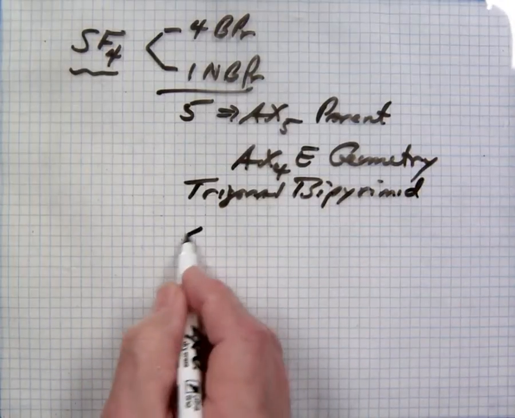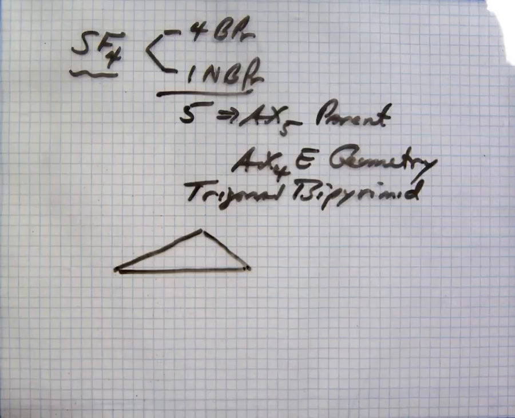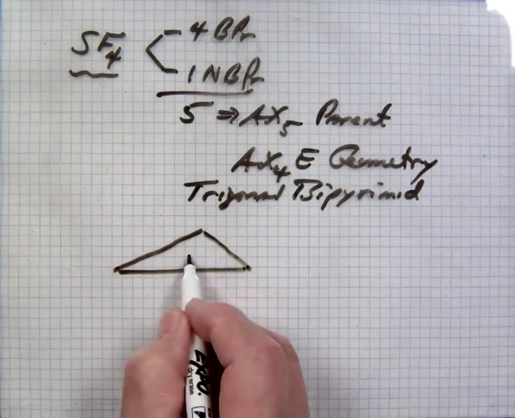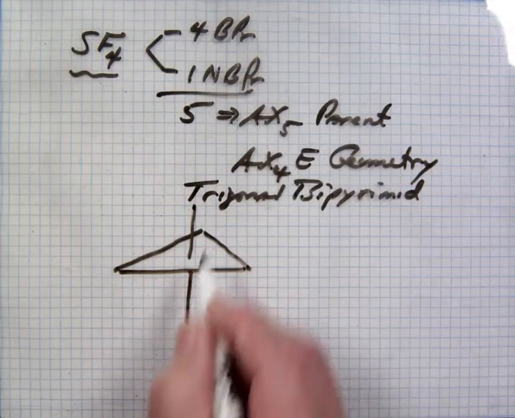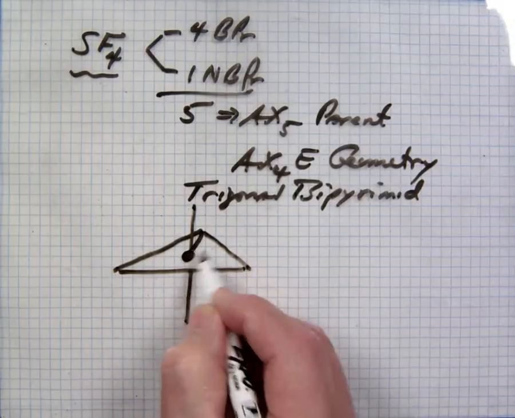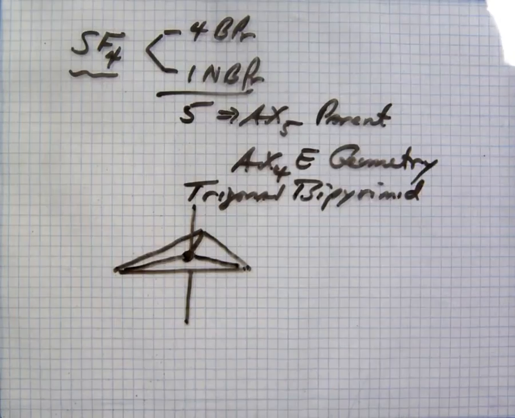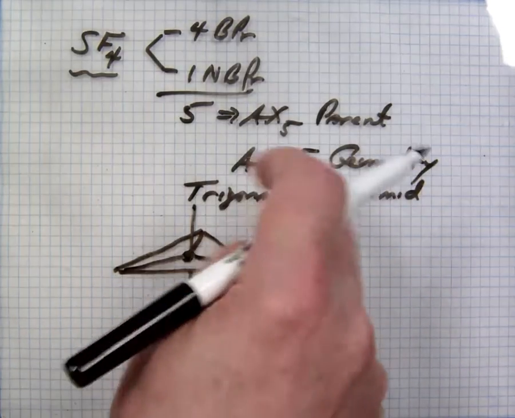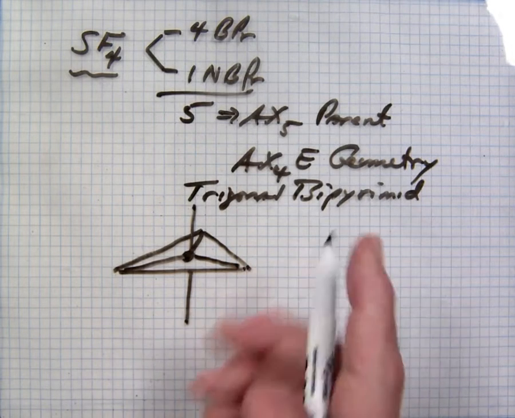Like that, and so we draw our lazy triangle, if you will, like that, and then a pointer comes straight out of the top, and a line comes straight out of the bottom, and we attach to the central element here. And so there is your AX5 parent, the trigonal bipyramid.